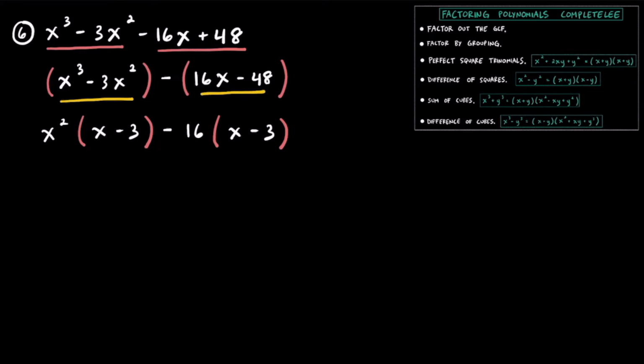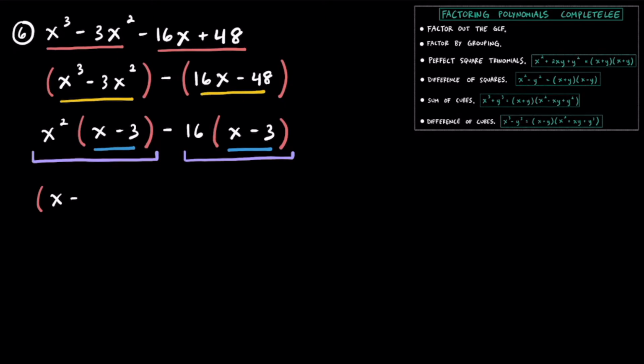At this point, we should be pretty happy because if you notice, this x minus 3 and x minus 3 are common between these two terms. And when I say two terms, what I'm really referring to is this whole thing is really one term because it's all multiplied together, and this is a second term. So again, x minus 3 is a common term for both of these, so we're going to factor that out as the GCF of those two terms.